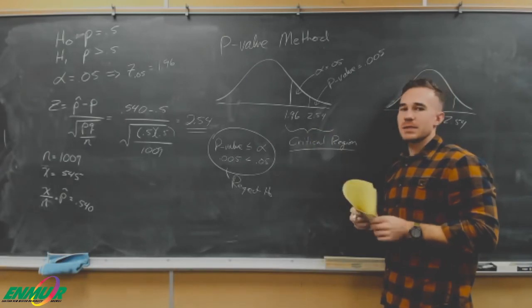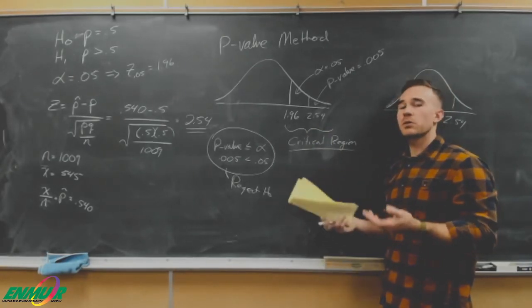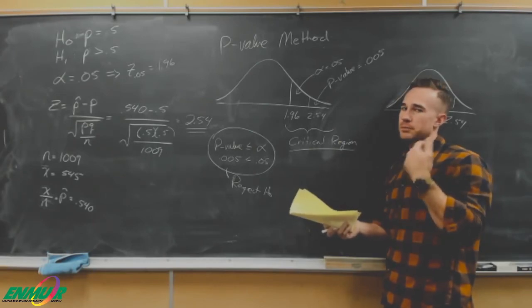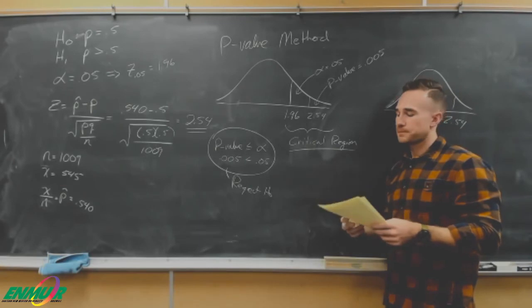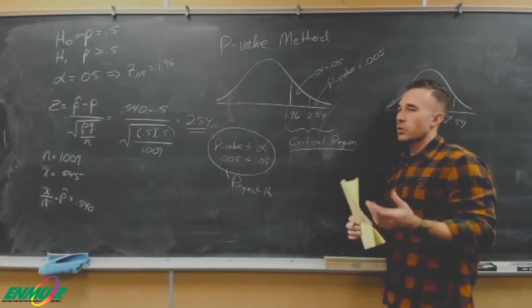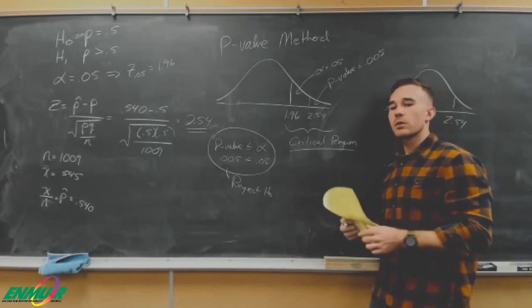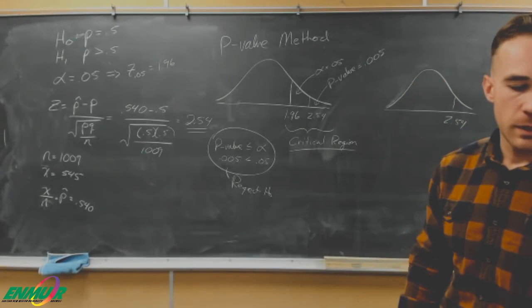My test statistic is in the critical region. So because it's in the critical region, it's a no-go. So that would be a confirmation that I'm going to reject it. The critical method, I think, arguably is going to be the simpler method for sure.